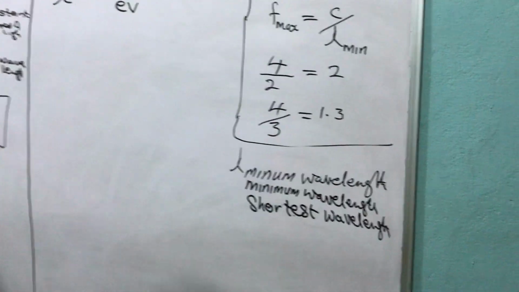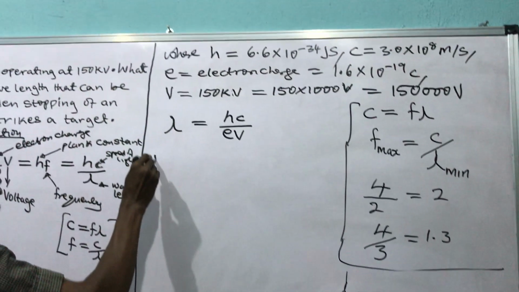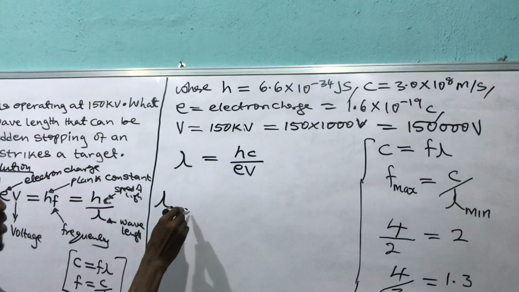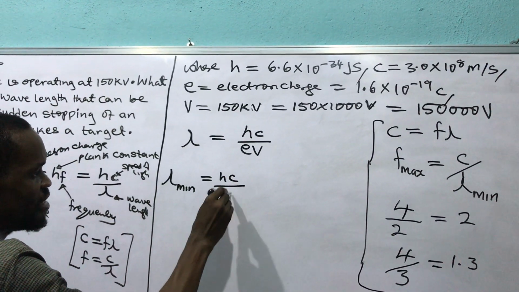This minimum wavelength is also called shortest wavelength. Then coming here, I will have lambda minimum, which is equals to hc over eV.